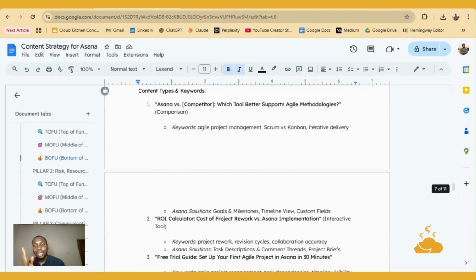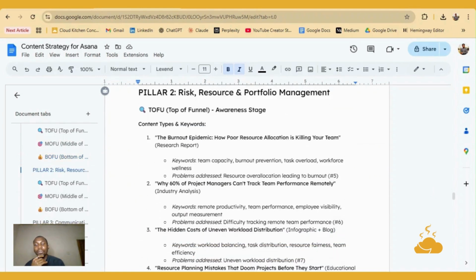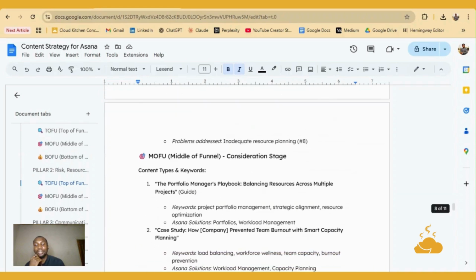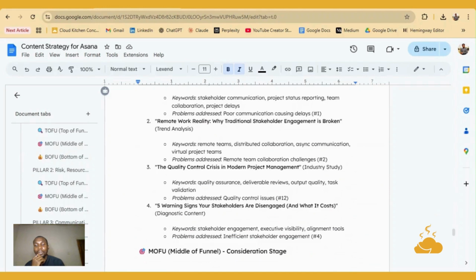But this one is people that already know the problem, and they know it's project management they need, and who are they going to choose? So these are for all the pillars. They all have their own content system.